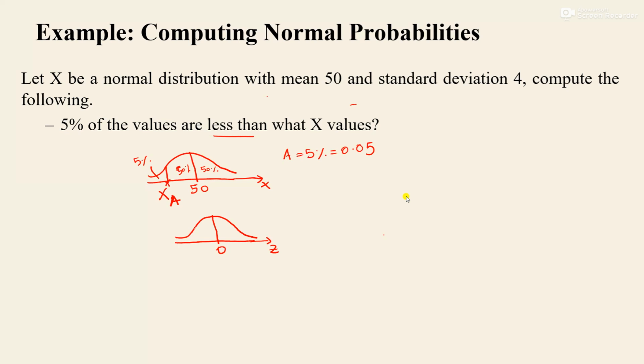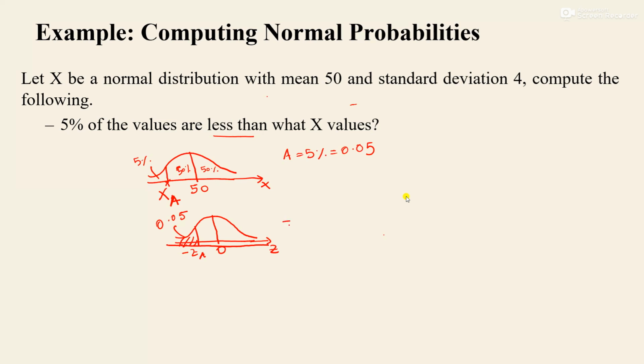This part is minus Z A, because values to the left of 0 are always negative. This is 0.05. We first have to find the positive value, because from the table only we can get the positive value.